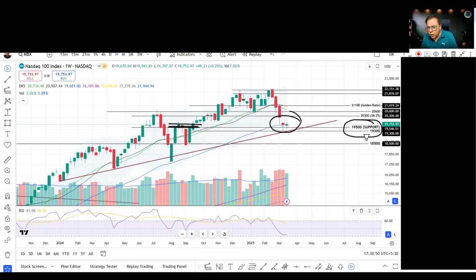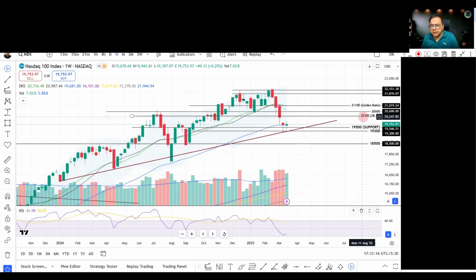However, there is a strong support at 18,500 in Nasdaq 100. Let us check the momentum also. If we compare this level versus this level in terms of price, we can find MDRP, momentum discrepancy, in the RSI that indicates possibility of a correction being over.